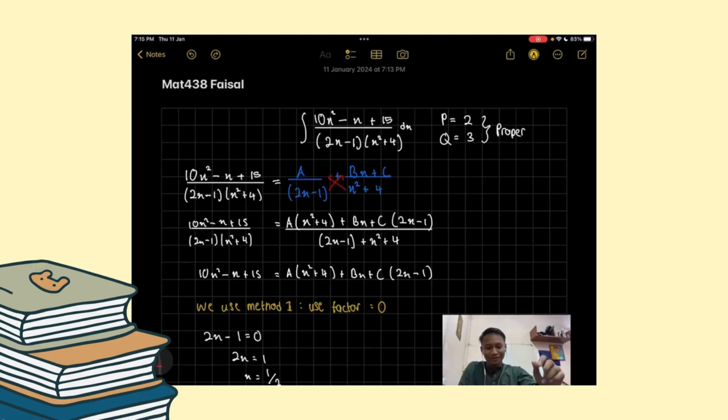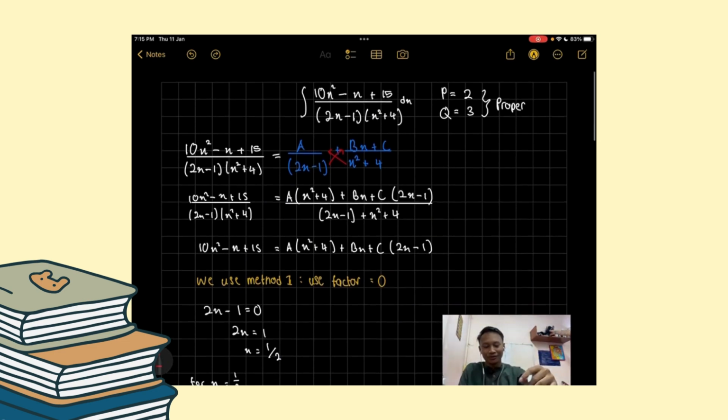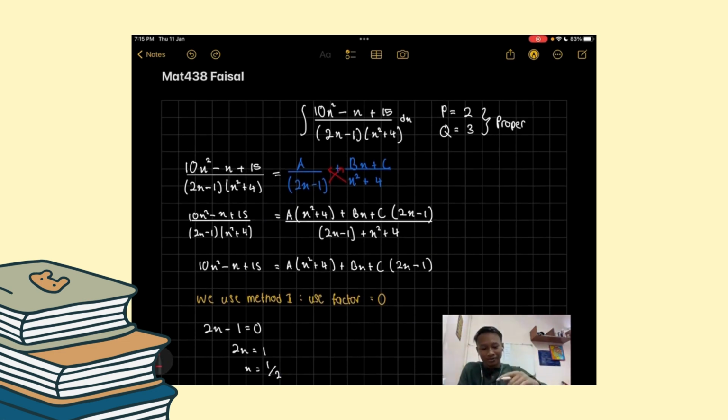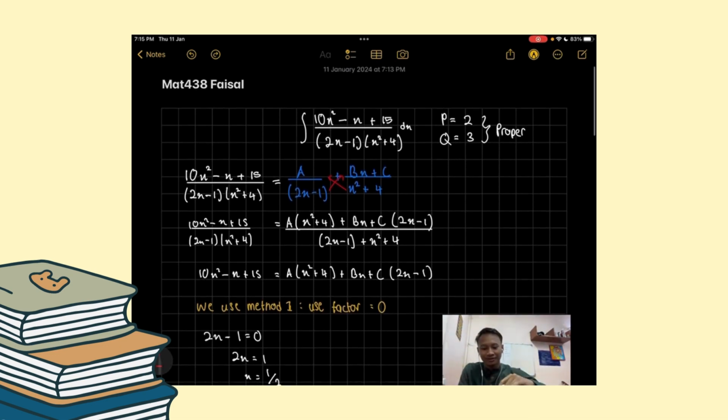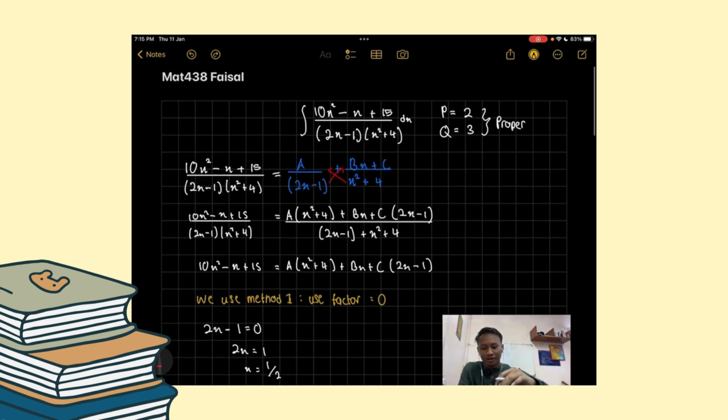I'm Faisal bin Osman, and today I'm going to solve question number 3. As we can see, the question is that we can use integrate partial fraction. The first step is we need to determine the numerator and denominator of this question and the power of the degree.